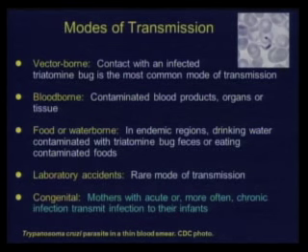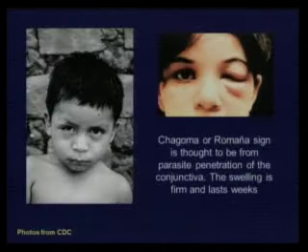One of the points to keep in mind is it doesn't matter if the mom has an infection acquired last month before she came to the U.S., or whether she came to the U.S. 20 years ago and has chronic infection and doesn't know it. At any time after infection, a mother can transmit to her baby. So most of the time it's chronic infection, but it can happen at any time.